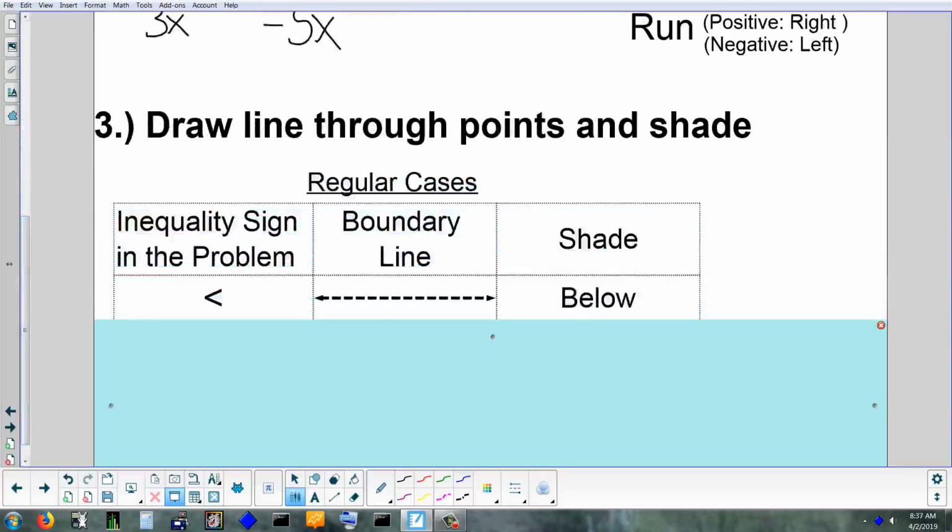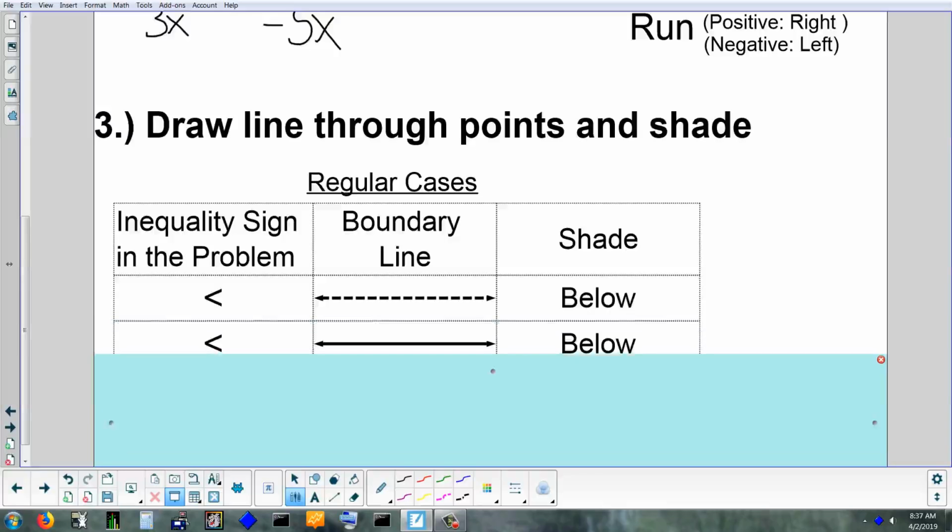Meaning if it's less than, the line that you draw through your points should be dotted. So take the side of your ID and make sure your lines are dotted. And then when you shade it, you want to shade below that line.